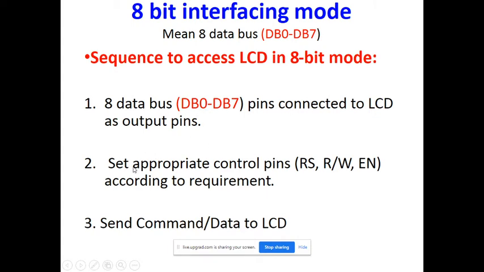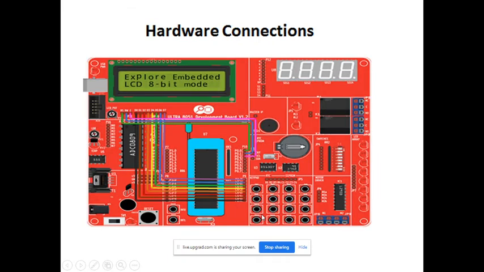Then you select the proper control signals, that is nothing but RS, RW and enable, and then send data or command to the LCD. This is the hardware connection. Here 8 data pins and 3 handshaking pins are shown. First one is RS, second one is RW, third one is enable, and 8 data pins, D0 to D7.